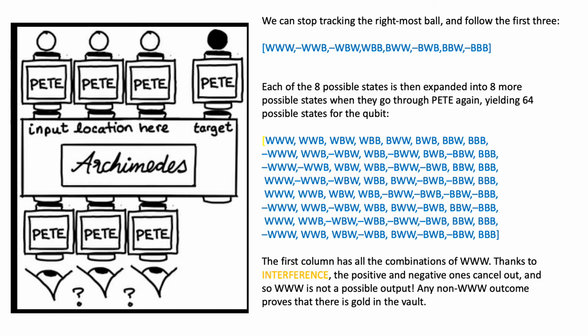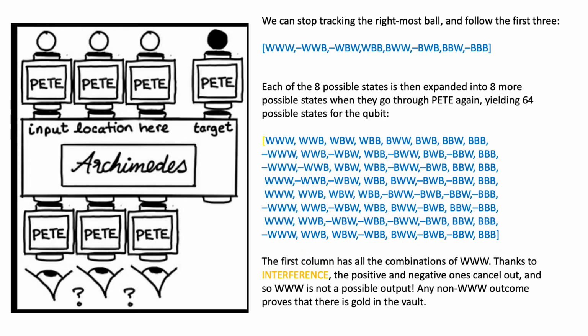In fact, it doesn't matter which one of these states you look at, each one is going to be randomized into 8 more possible states, all really variations of white, white, white; white, white, black; white, etc. The only difference is where the negative signs are. Those with negative signs are going to keep their negative signs. And what you get is a simultaneous state of 64 different combinations of qubits coming out of the PEAT box.